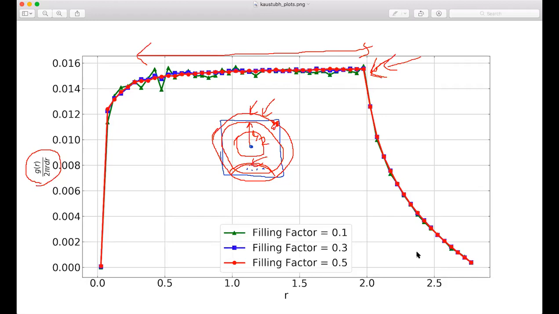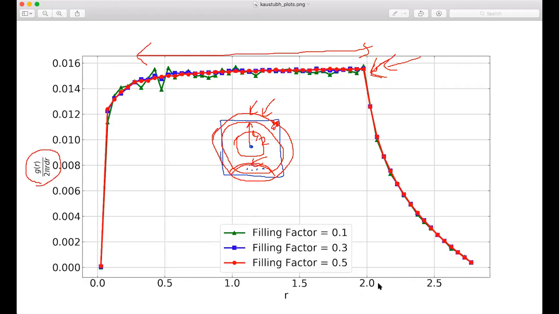Let's see. So when you take this radius, for example. Yes. So that is the other question I wanted to ask you. What is this sort of grid, r grid, that you have taken? This is Kaustub's plot, right? So what is your system size?